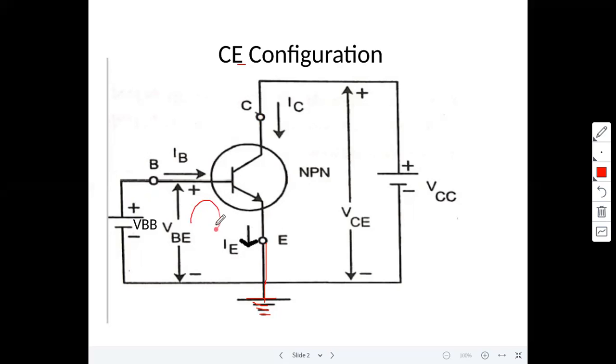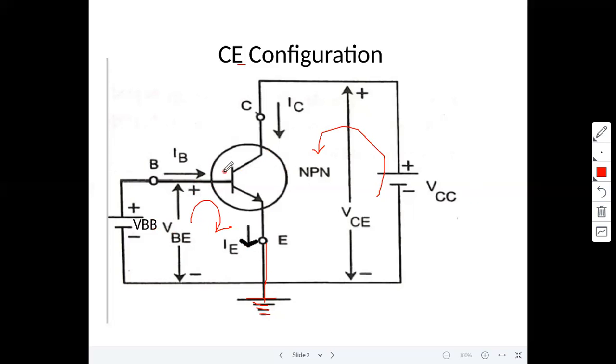This is the input loop and this one is the output loop. In the active region, what is the condition? The input junction, that is the base to emitter junction, should be forward biased.